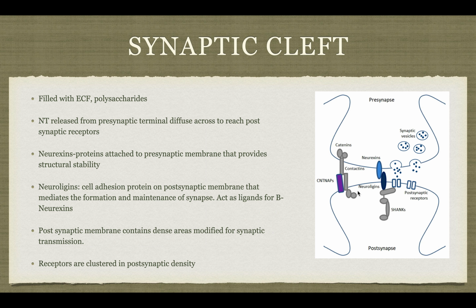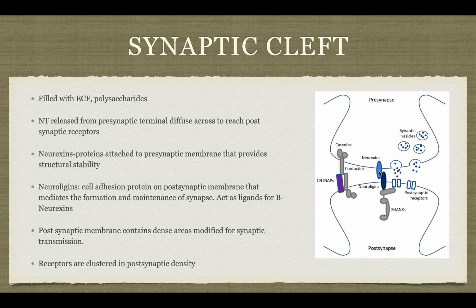Okay, so the synaptic cleft isn't actually empty. It's filled with ECF fluid and polysaccharides. The neurotransmitters are released, and they diffuse and dock onto the postsynaptic receptors. Neurexins are proteins that are attached to the presynaptic membranes, and they bind to neuroligins, which are on the postsynaptic membrane, and they basically form the bridge to hold the synapses together.